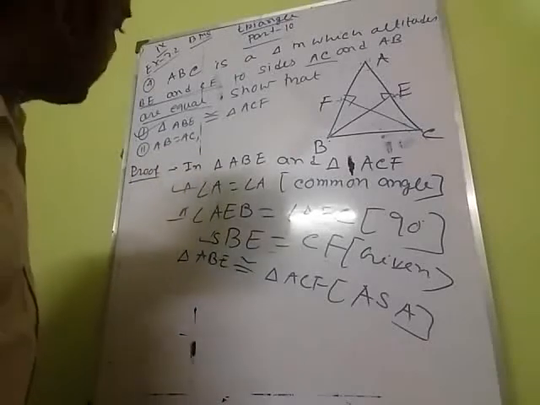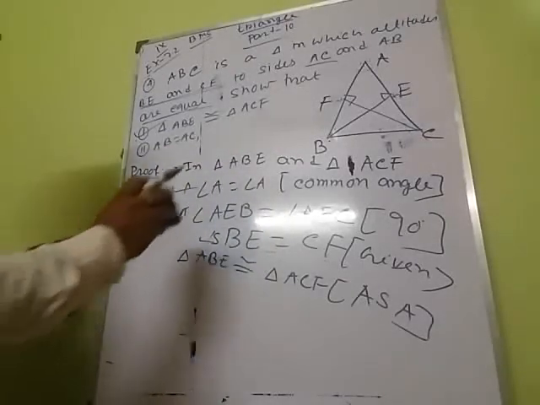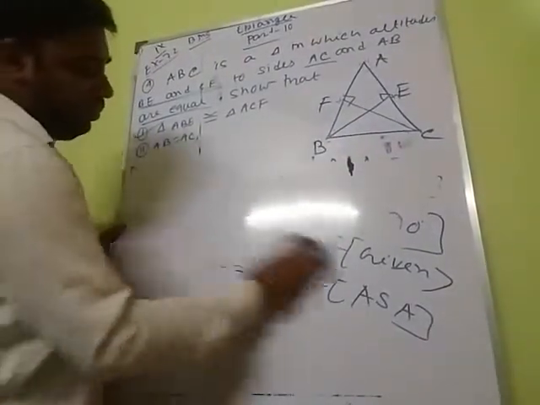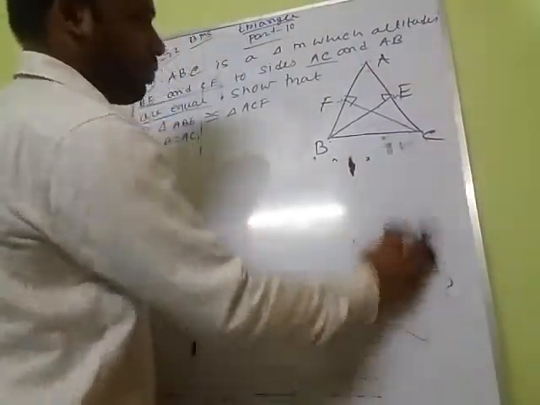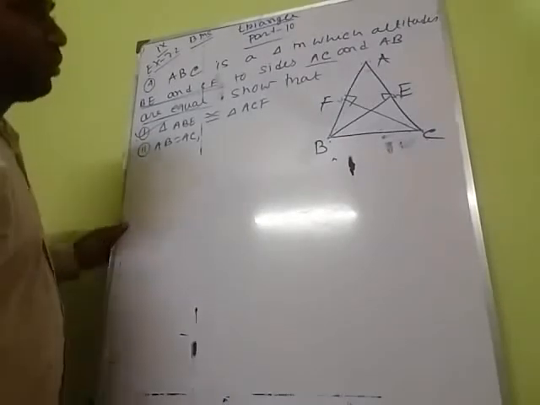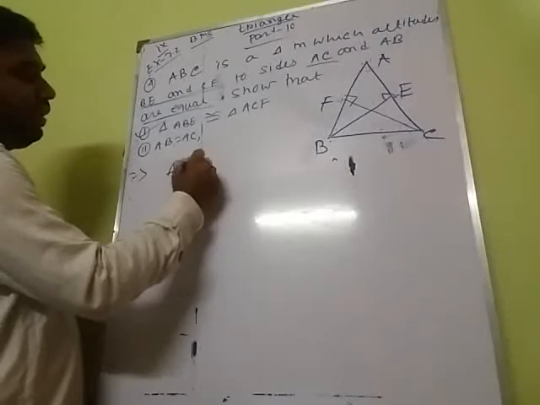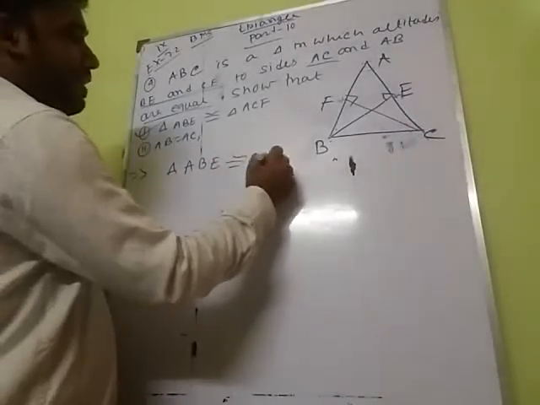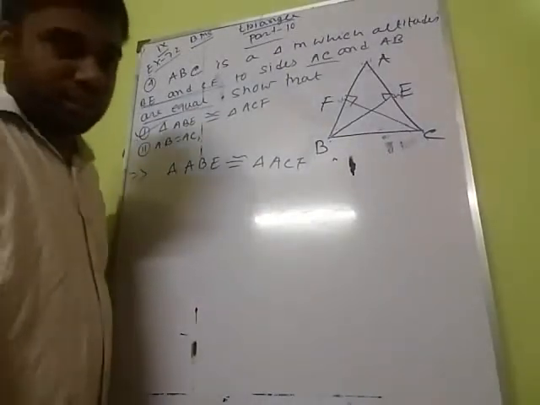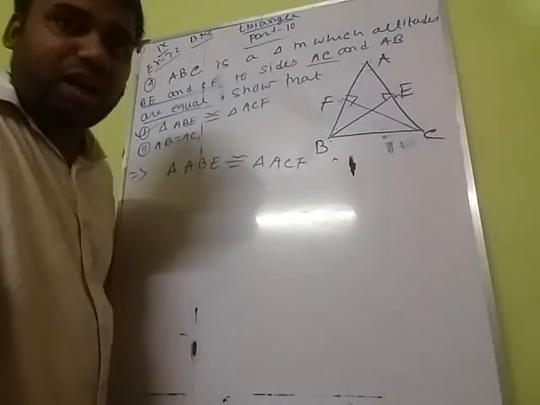Now moving on to the second part, we have to prove that AB equals AC. Students, we have already proved triangle ABE congruent to triangle ACF. Now we use the condition CPCTC, which means corresponding parts of congruent triangles are equal.